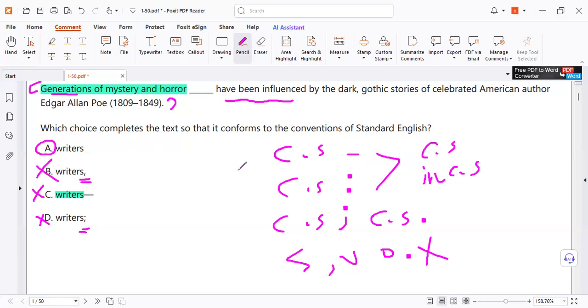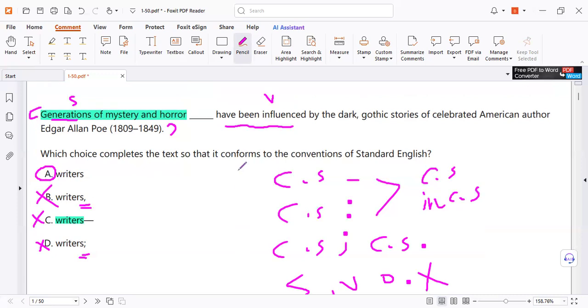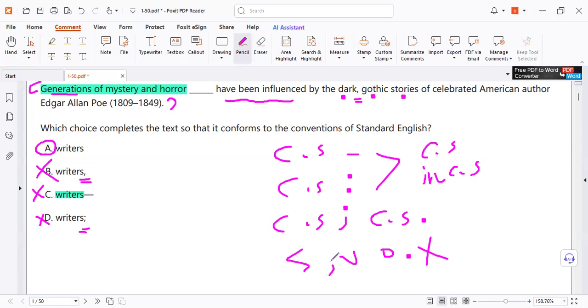So it's letter A. Got that? Correct. If you would like to check, this comma is for the two adjectives, dark and Gothic stories. It's not non-essential. So don't think it is a non-essential between two commas, because this is a verb. How can I make the verb non-essential? So this comma is unnecessary in English. So this structure and your test are wrong.